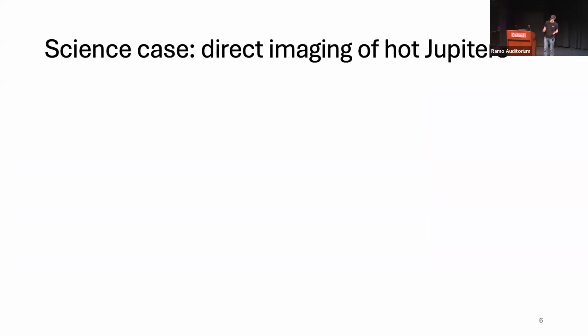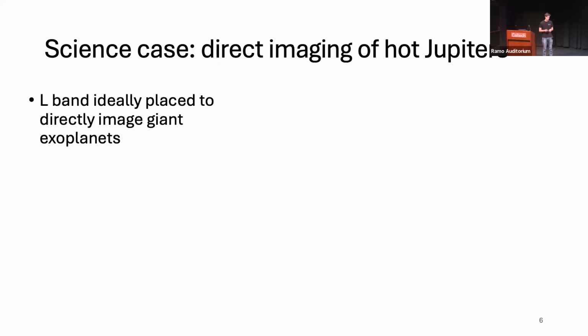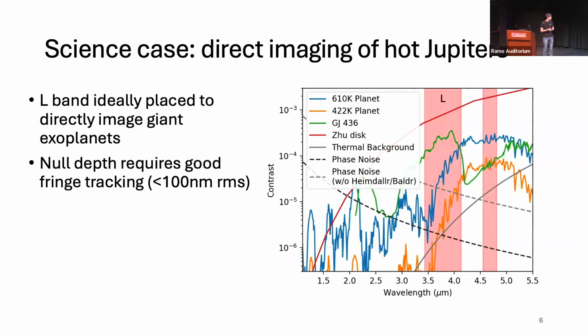So why do we want to do this? One of the key science cases for the Asgard instrument suite is to directly image hot Jupiters. And in particular, the L-band is well placed to image these objects. So here I'm showing the contrast as a function of wavelength for a few different objects with the colored lines. And you can see as we go to longer wavelengths, the contrasts become more favorable, but the thermal background also increases.